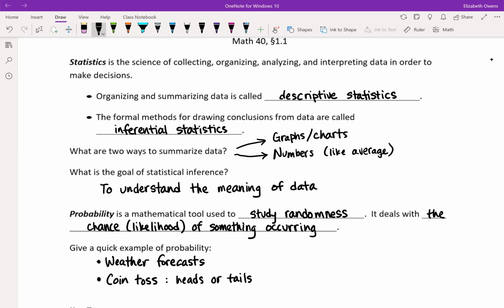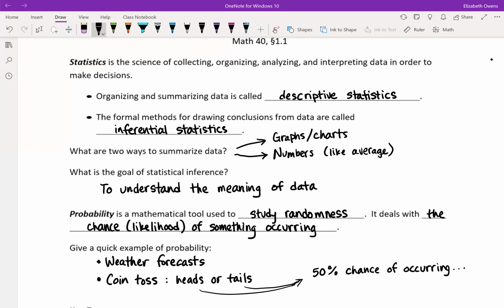And this one is so often used for probability experiments because either one of those outcomes, as long as it's a fair coin, they both have the same chance of occurring. You got a 50% chance of either one of those coming up, right? So you could get either heads or tails. So 50% chance of occurring for either one.